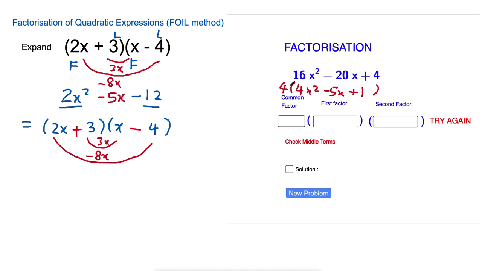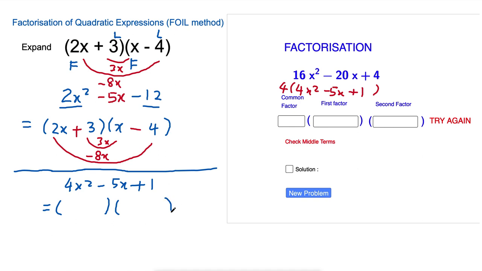Do all these calculations on a piece of paper. Right, now we have 4x squared minus 5x plus 1. So again, we have two brackets.